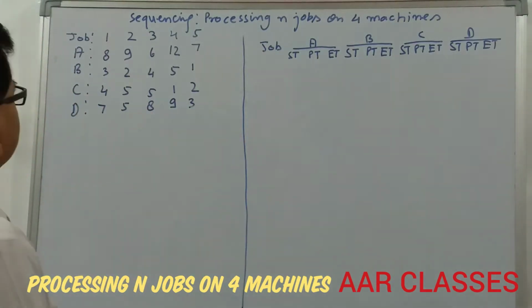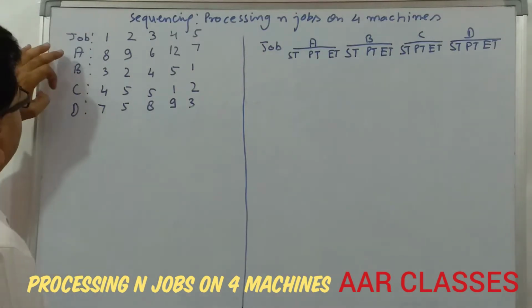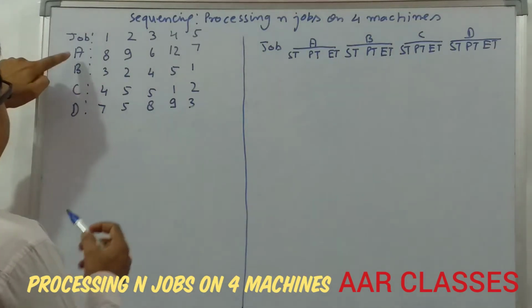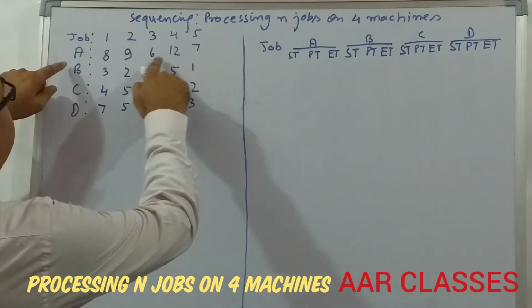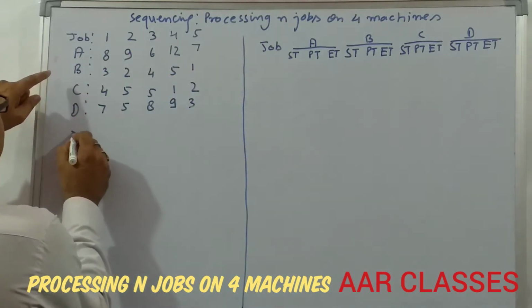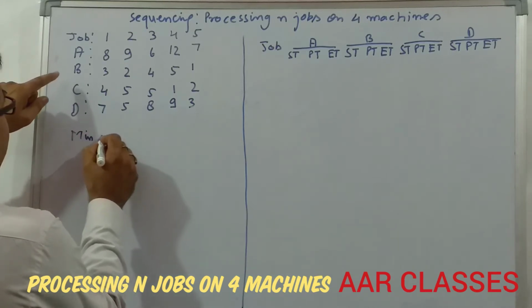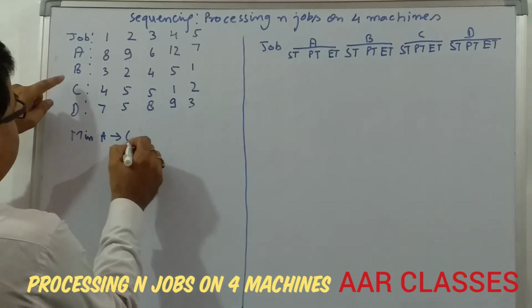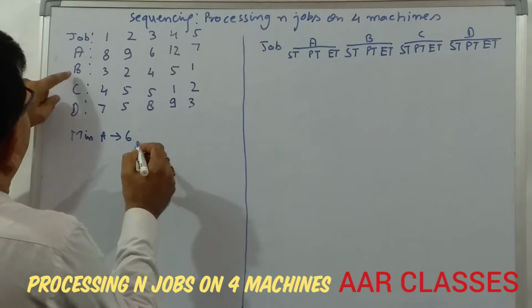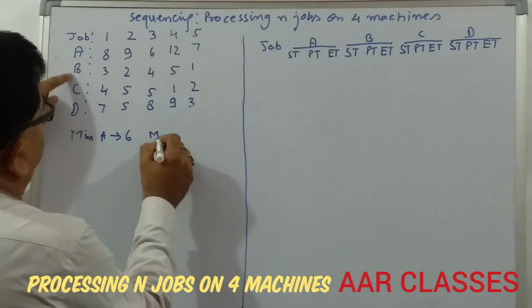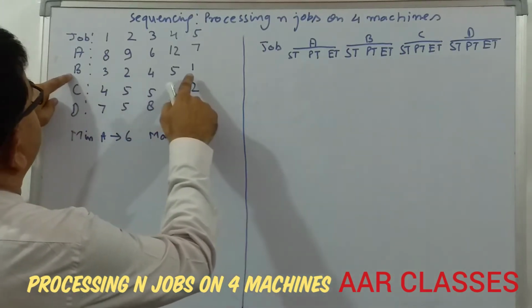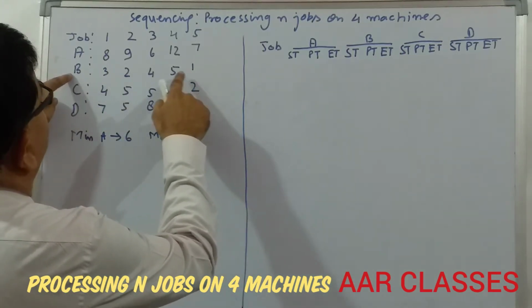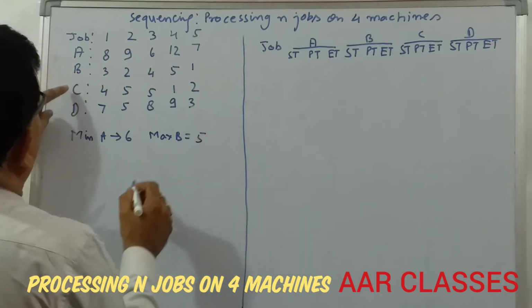Here, what will we do? We will see that the minimum time duration of any job on A is 6. So here the minimum of A is 6, and then we will take the maximum of B. The maximum of B is among 1, 2, 3, 4, 5, that is 5.